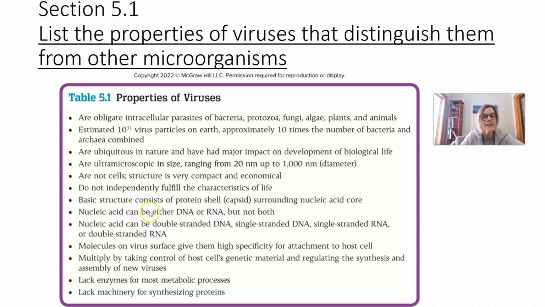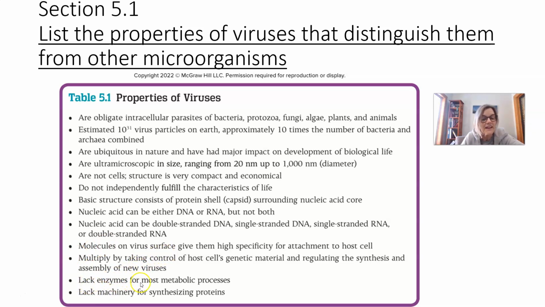But viruses don't have DNA and RNA. They have DNA or RNA and not both. And that DNA or RNA can be double-stranded DNA, which is typical, single-stranded DNA, single-stranded RNA, or double-stranded RNA. So viruses have really used the variety in nucleic acids to an extreme.